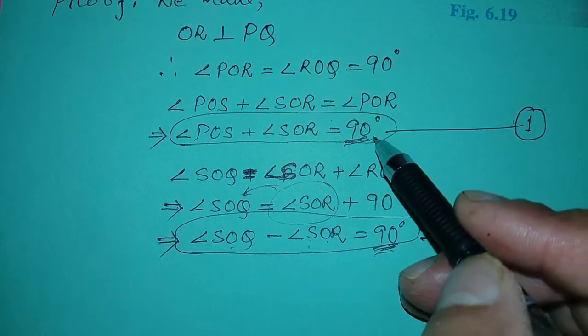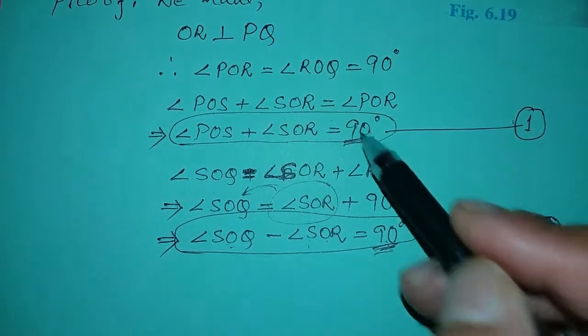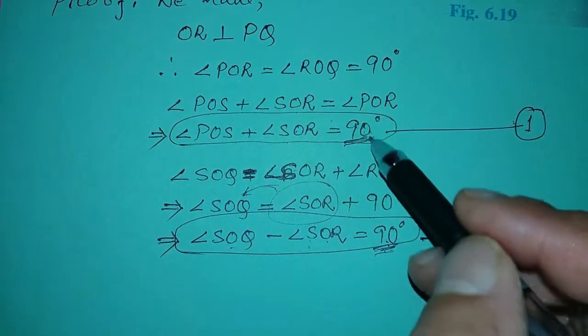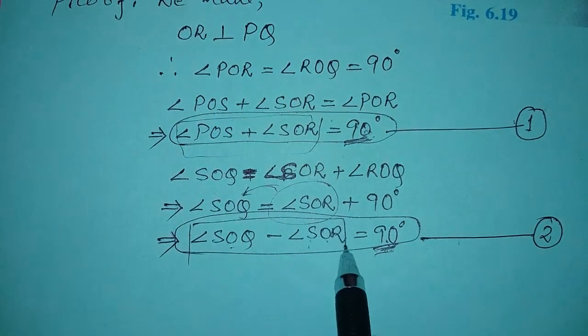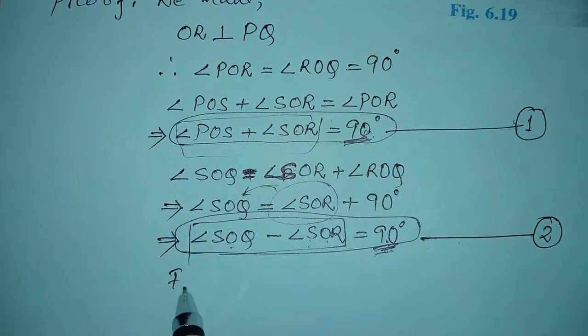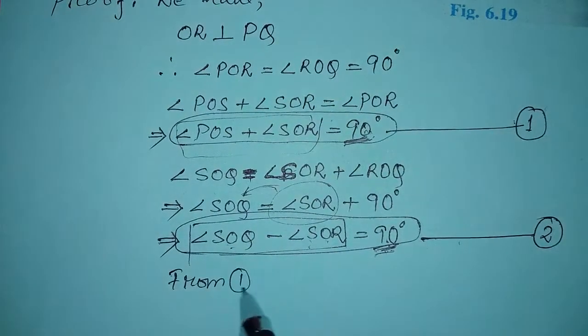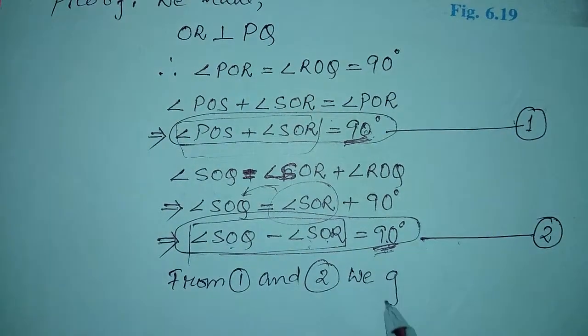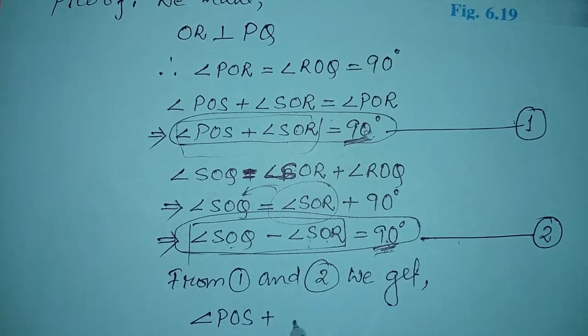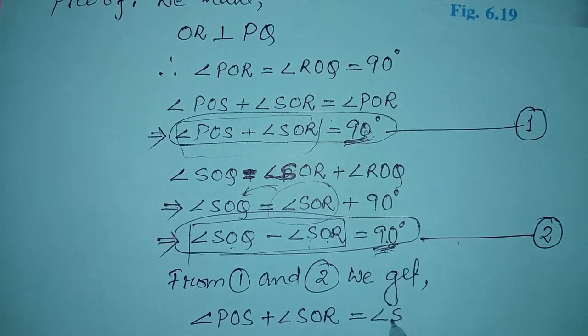Since the right hand side is the same, 90 degree, the left hand side expressions are equal. So from 1 and 2 we get angle POS plus angle SOR is equal to angle SOQ minus angle SOR.